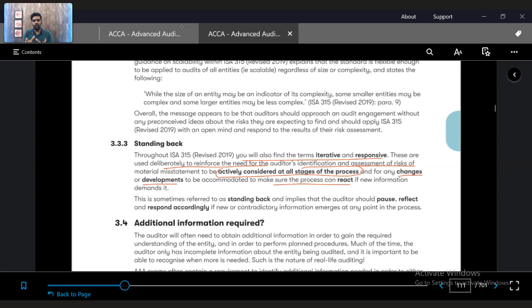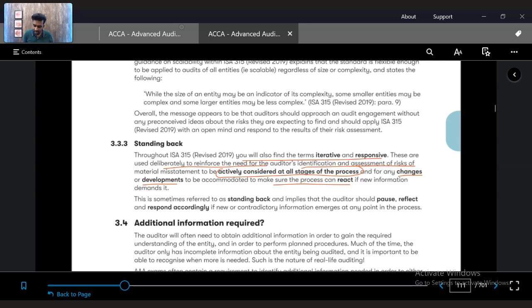Similarly, an auditor should not assess the risk of material misstatement only during the planning stage and then forget about it. No. Even when he is performing control testing or doing substantive procedures, he should constantly review the risk with respect to controls and the client, so that if there are any changes, he can stand back for a minute and react accordingly.